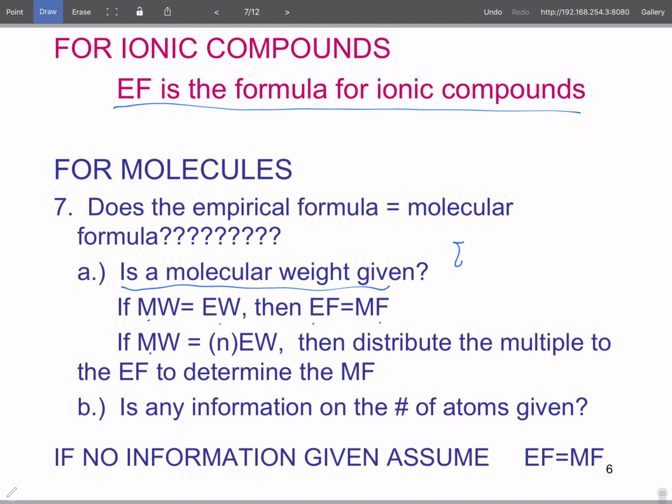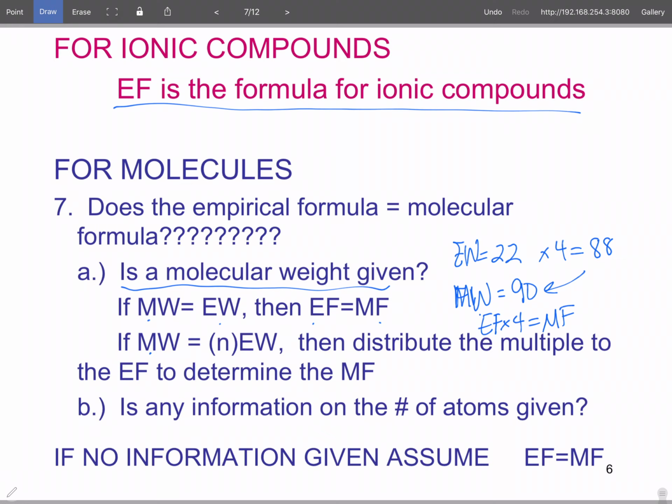So if your empirical weight, and I'm making up numbers, is 22, and your molecular weight is equal to 90, then if you multiply this by 4, that gives you 88, which is approximately 90. So the empirical formula times 4 would give you the molecular formula for that example. Okay, that's not always true, but there you go.